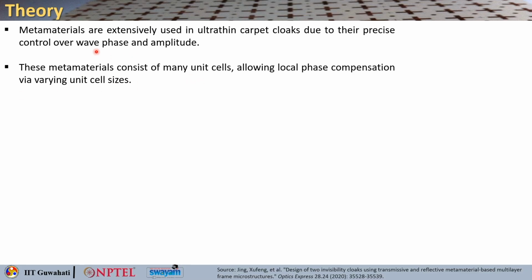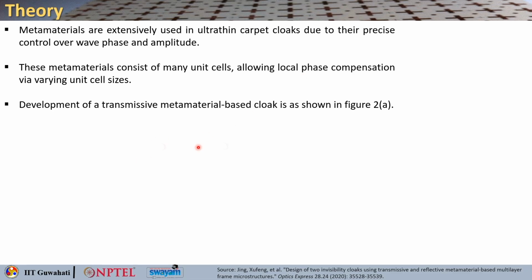So, metamaterials are extensively used in ultra thin carpet cloaks, which we have discussed earlier, due to their precise control over phase and amplitude, right. So, metamaterials are basically periodic structures of unit cells, and that allows local phase compensation if you vary the unit cell size.